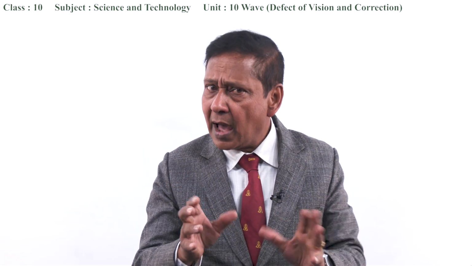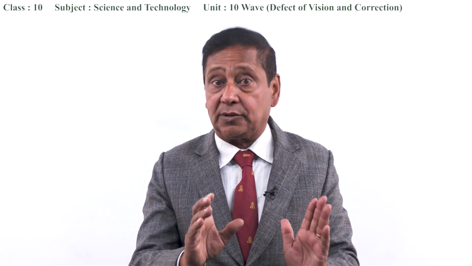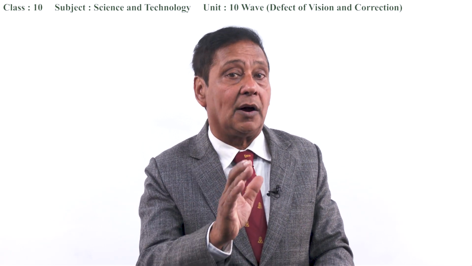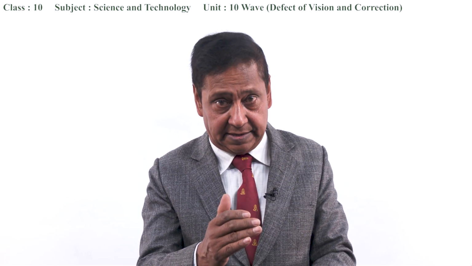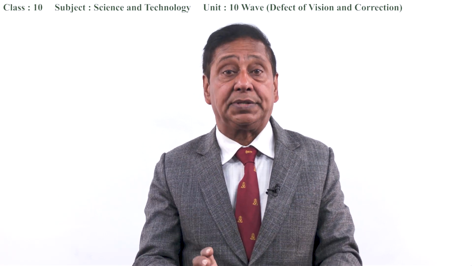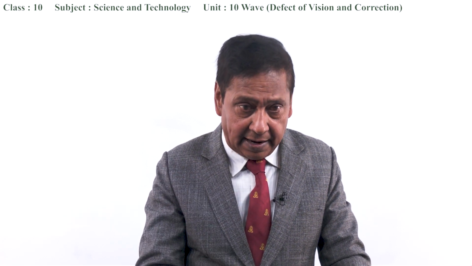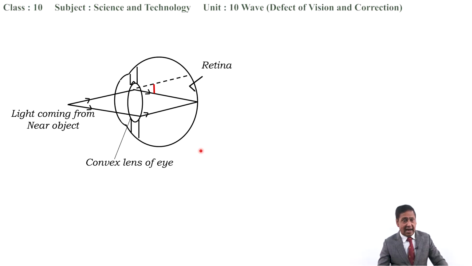Okay, now let's talk about the near object and distant object. How is a near object focused on the retina and how is a distant object also focused on the retina by our eye? Okay, have a diagram. This diagram represents the focusing of a near object on the retina.